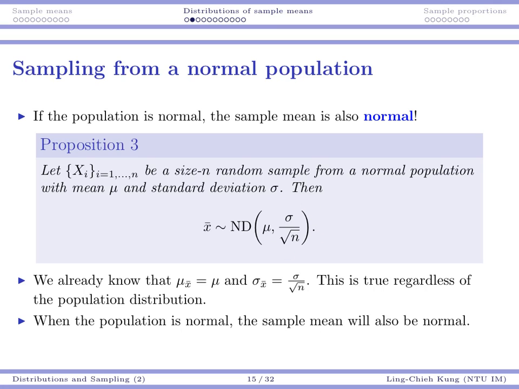Mu and sigma over square root of n, these two facts do not depend on your normal distribution, but to have a normal distribution for your X bar, you really need the population to be normal. That's something new for this proposition.